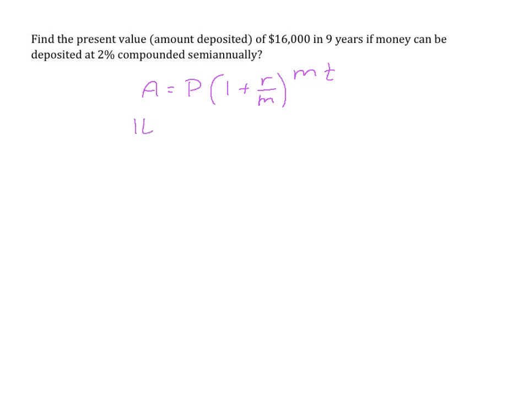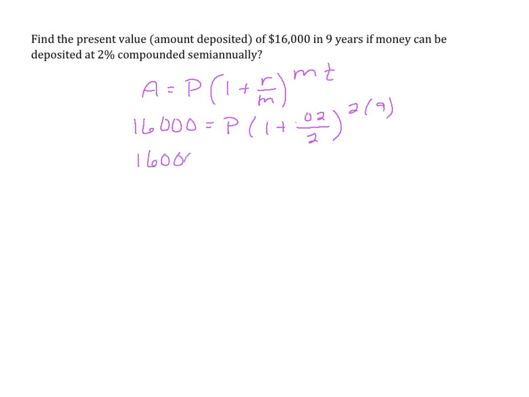So we know this account earned $16,000 altogether. We don't know how much was put into the account. We do know it's earning at 2%, so 0.02. It's compounded semi-annually, so twice per year, and it's in the account for 9 years.